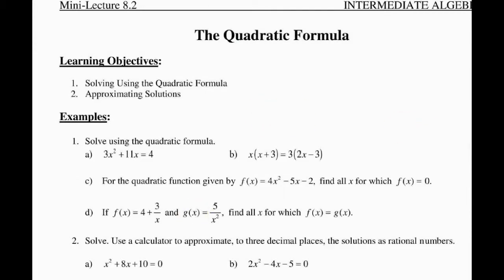Now, what again is the quadratic formula? Let me write these two things down because this is important. So ax squared plus bx plus c equals 0. This is the standard form of the quadratic equation.